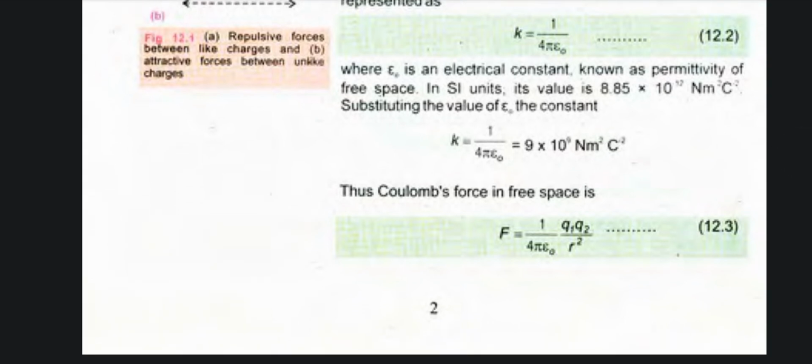In SI units, the value is 8.85 into 10 raised to power minus 12 Newton meter square per Coulomb square inverse. Substituting the value of epsilon naught, the constant K equal to 1 upon 4 pi epsilon naught gives us 9 into 10 raised to power 9 Newton meter square Coulomb square inverse.